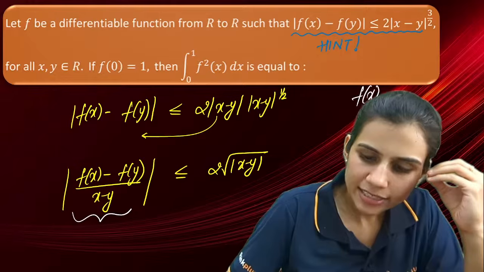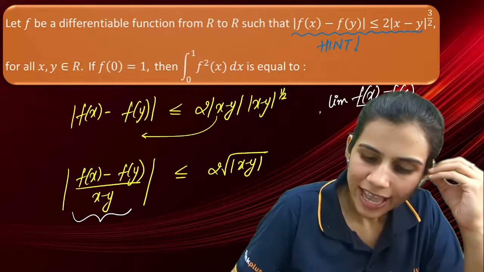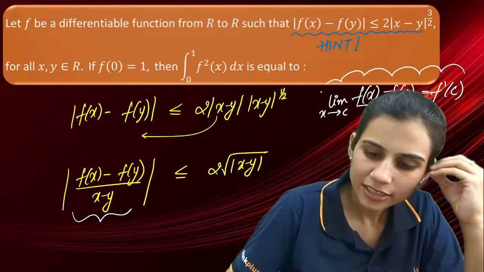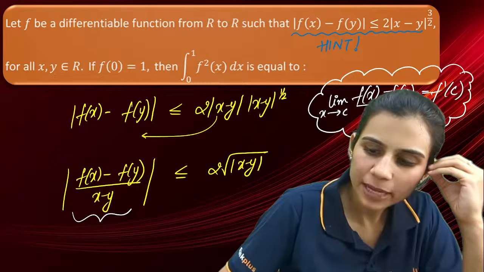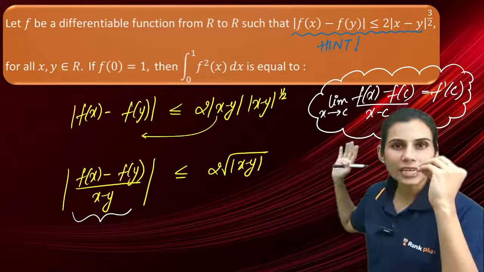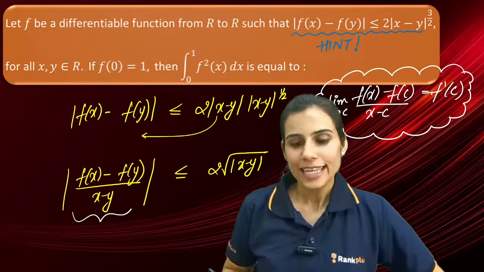f of x minus f of c upon x minus c, as x tends to c, is nothing but f dash c. How many of y'all have been able to recollect this very primary definition which you study as the first thing when you start with derivative? Yes or no?